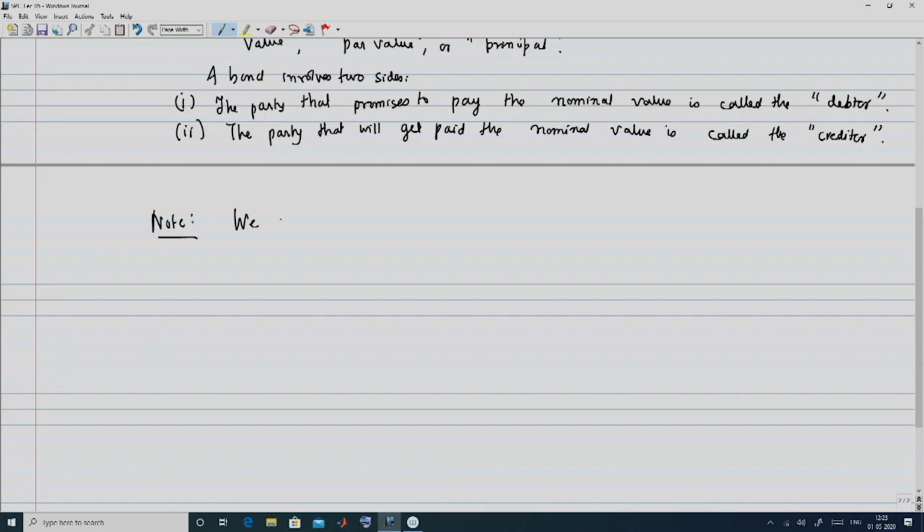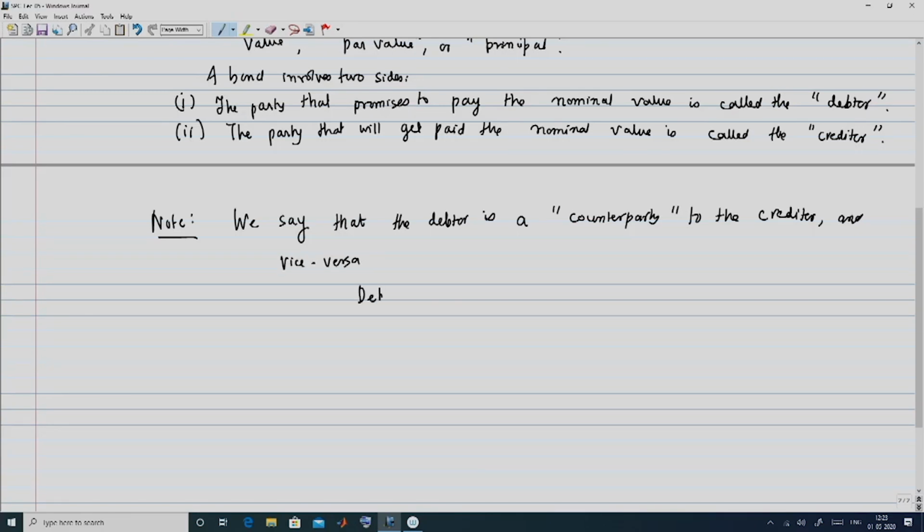So, this is a term that is used in general for any kind of financial instrument, and I will define this in the context of a bond. So, we say that the debtor is a counterparty to the creditor and vice versa.